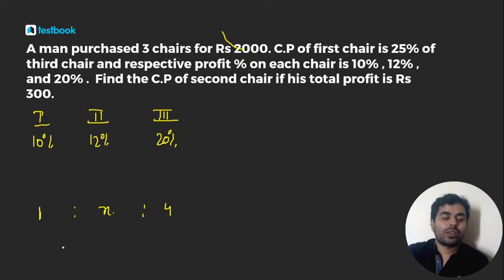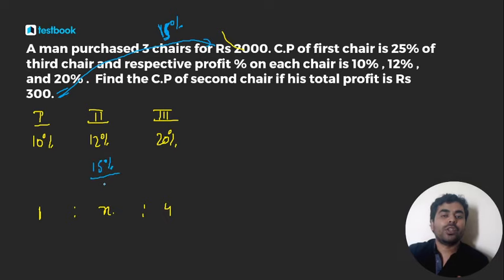Okay, and the total profit earned by the man is given in value. So we have to find the profit percent. So 300 on this 2000 is going to give you 15%. You can calculate it manually, and if you are good enough in percentage and ratio and calculation, then you can calculate it orally, that this 300 is 15% of 2000. Okay, so we have put here 15%.